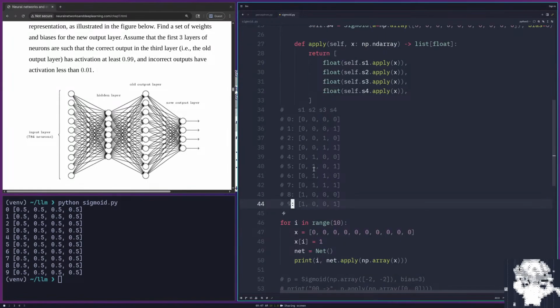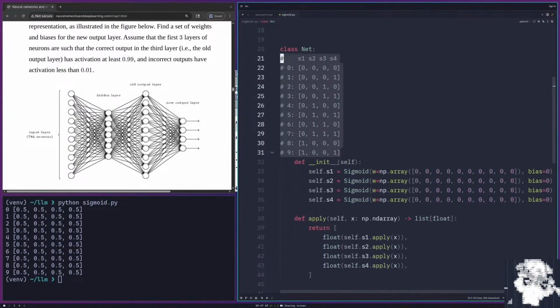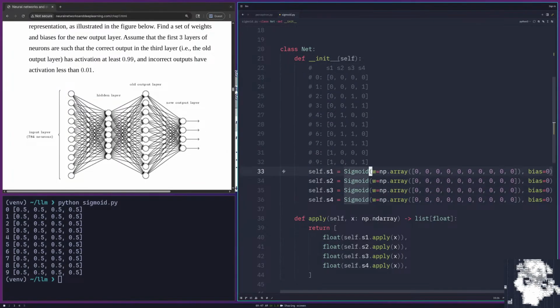So I'm thinking, let's move this up here. S1 should be 1 when the input is an 8 or a 9. So what if I put 1s over here?